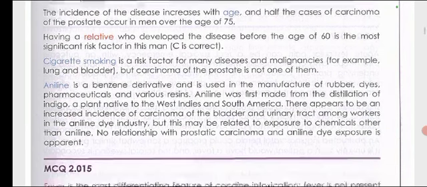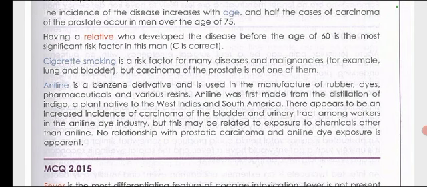Cigarette smoking is a risk factor for many diseases and malignancies, for example lung and bladder, but carcinoma of the prostate is not one of them. Aniline is a benzene derivative and is used in the manufacture of rubber, dyes, pharmaceuticals, and various resins.